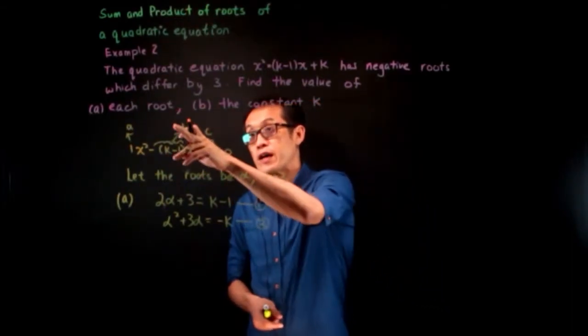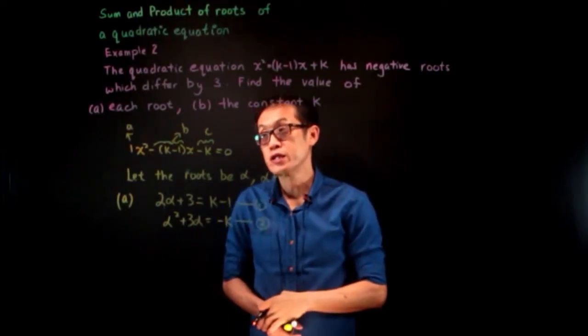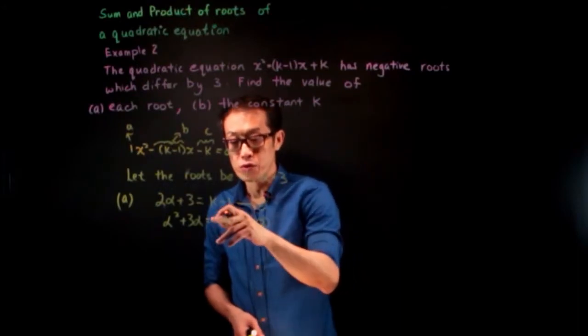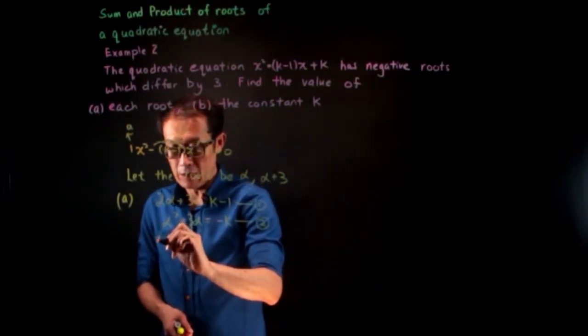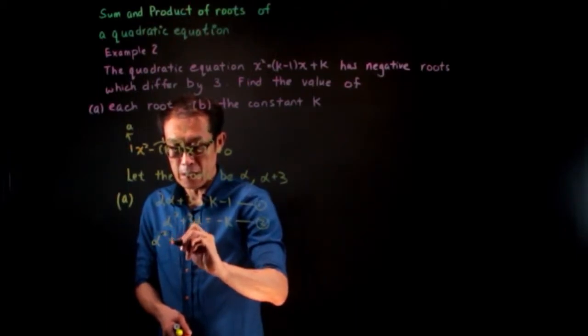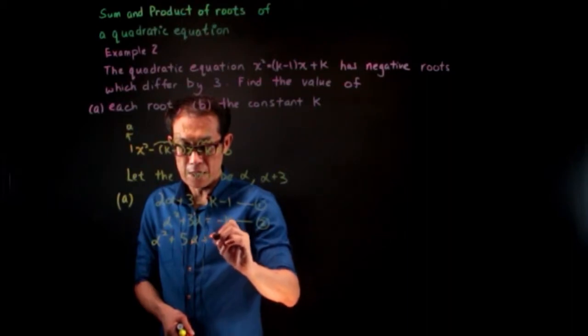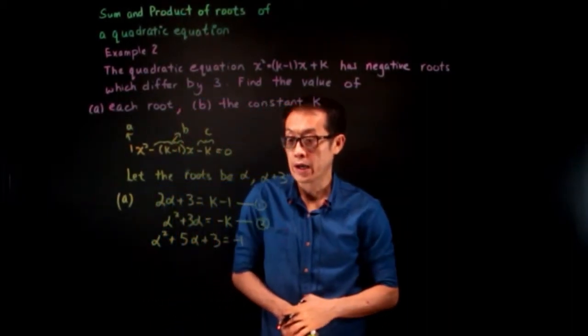Now you are asked to find alpha and alpha plus 3, which are the roots. So looking at these equations, you use 1 plus 2, you will have alpha squared plus 5 alpha plus 3 equals to minus 1.